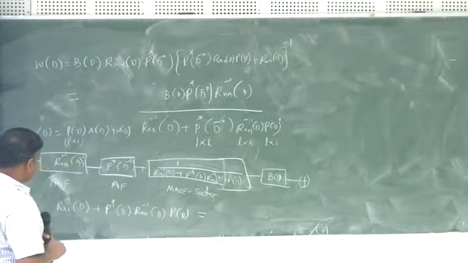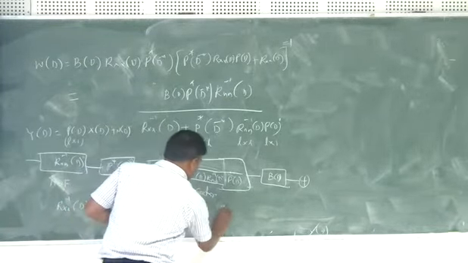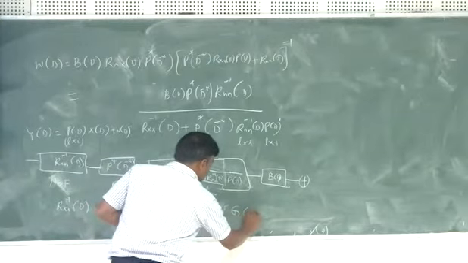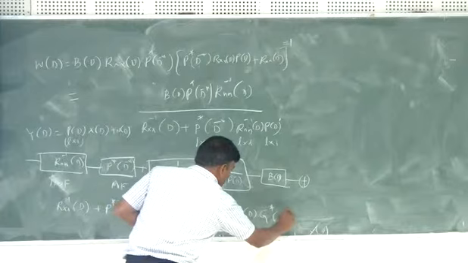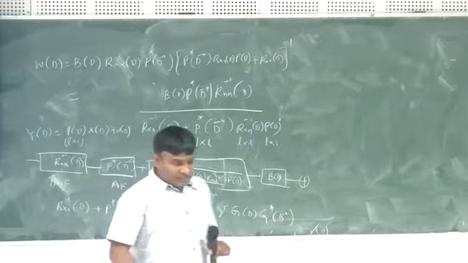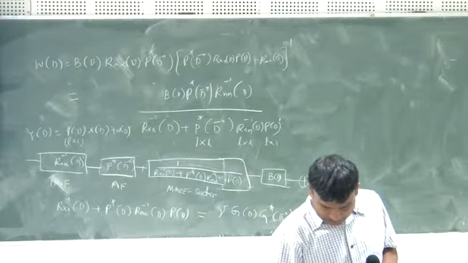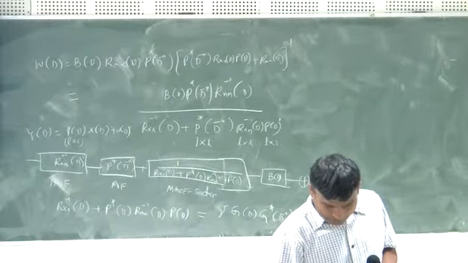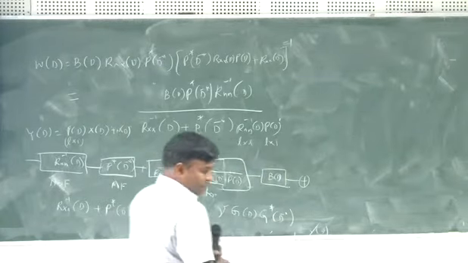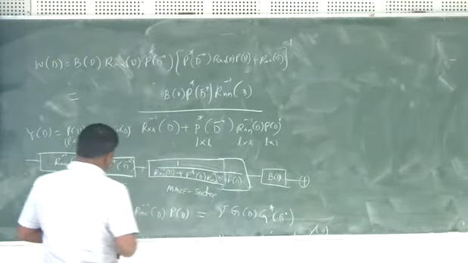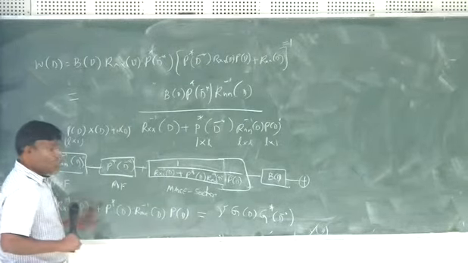That is equal to gamma into G of D, G star D inverse. And this G of D and G star D inverse have some special properties. We'll see what they are in a moment. This is called a certain covariance term.